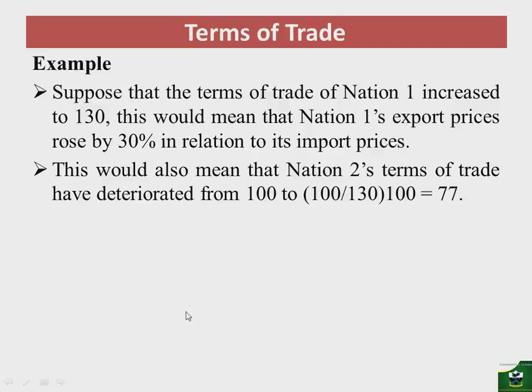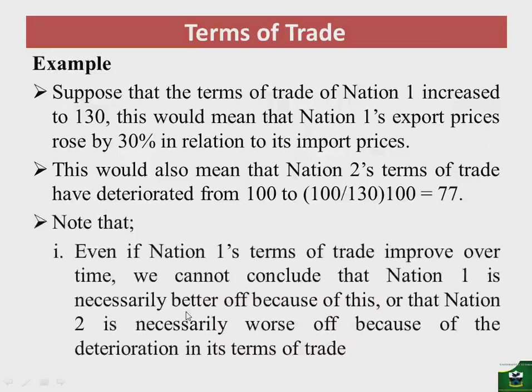So we should note, therefore, let's make 3 notes. Number 1, even if nation 1's terms of trade improve over time, we cannot conclude that nation 1 is necessarily better off because of the improvement in the terms of trade. In the same way, we cannot say that nation 2 is worse off because of the deterioration in the terms of trade.